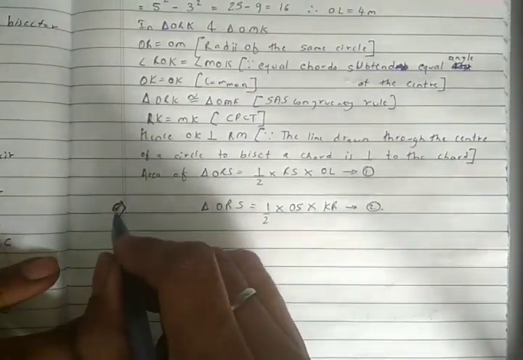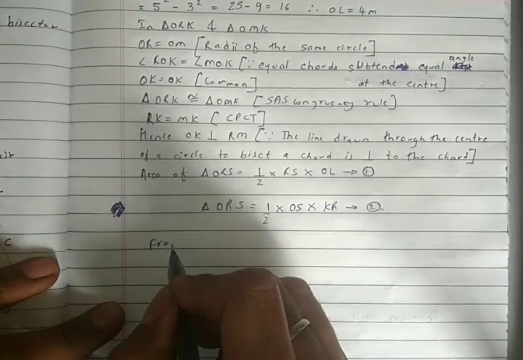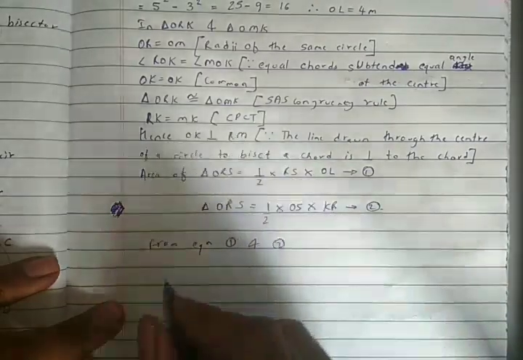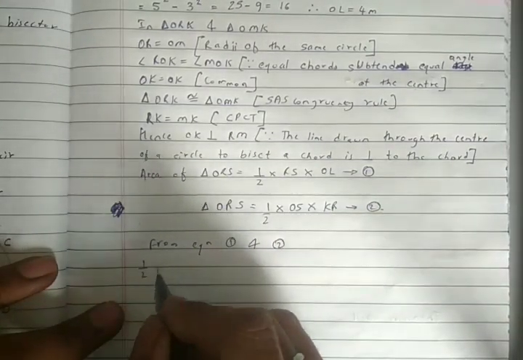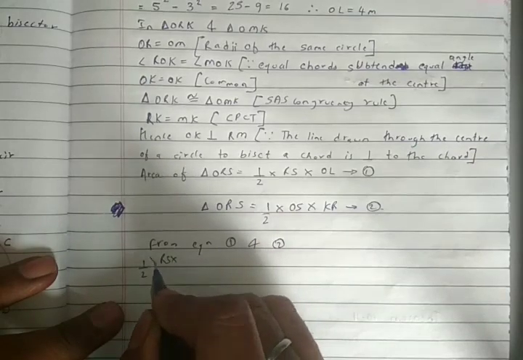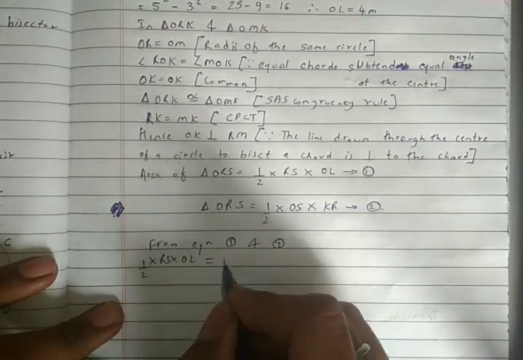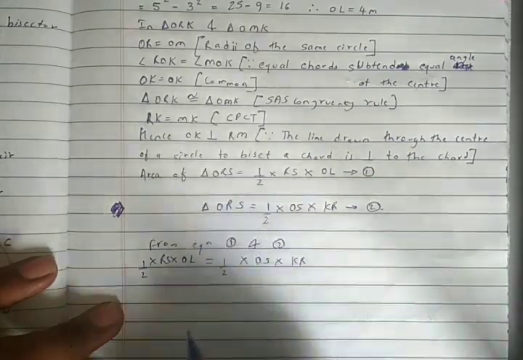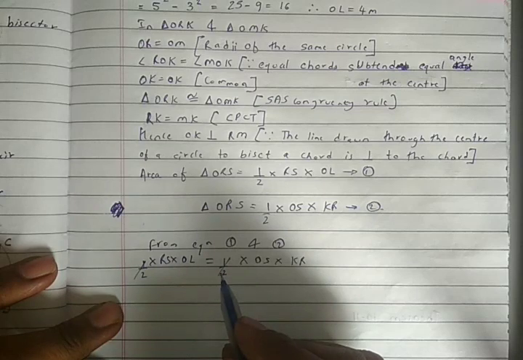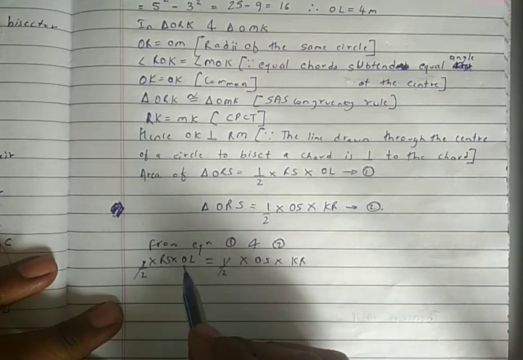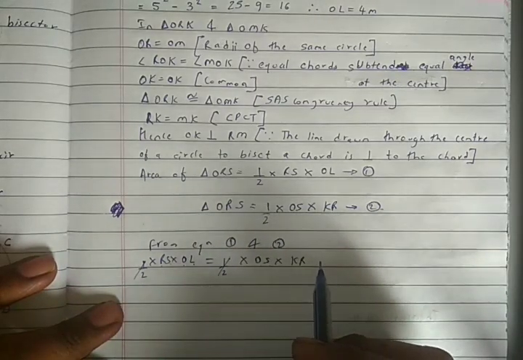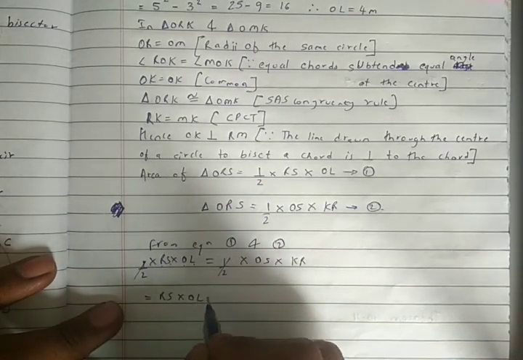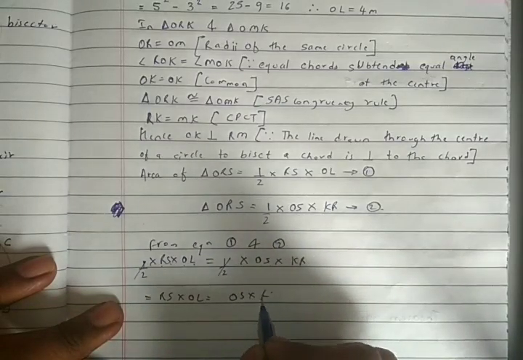Now from equation 1 and 2 we get half of RS into OL equal to half of OS into KR. Now this half will get cut. What will remain? RS into OL equal to OS into KR. So we will write that down. RS into OL equal to OS into KR.